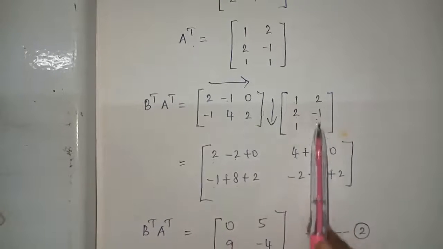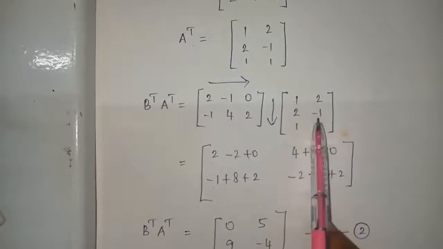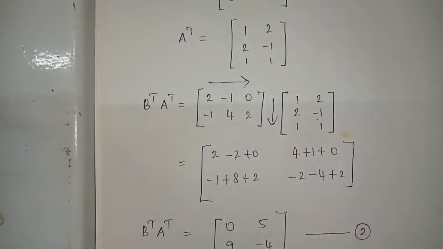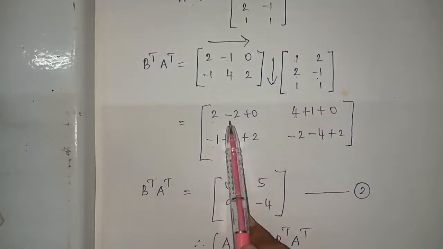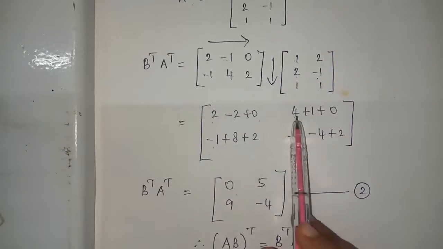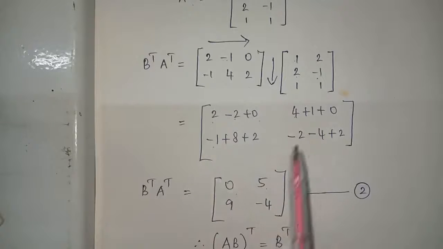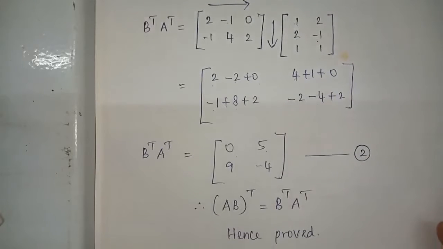Then second row, second column: minus 1 into 2 is minus 2, 4 into minus 1 is minus 4, 2 into 1 is 2. Then you have to add. 2 minus 2 gets cancelled, you get 0. 4 plus 1 is 5. Minus 1 plus 8 plus 2 is 9. Minus 2 minus 4 plus 2 is minus 4. So this is your equation number 2. So clearly we prove that AB the whole transpose is equal to B transpose A transpose.